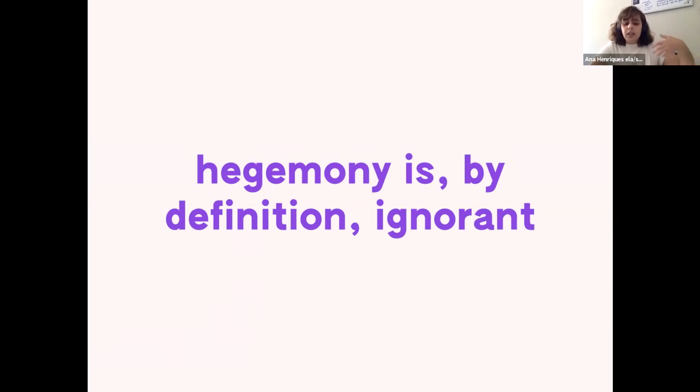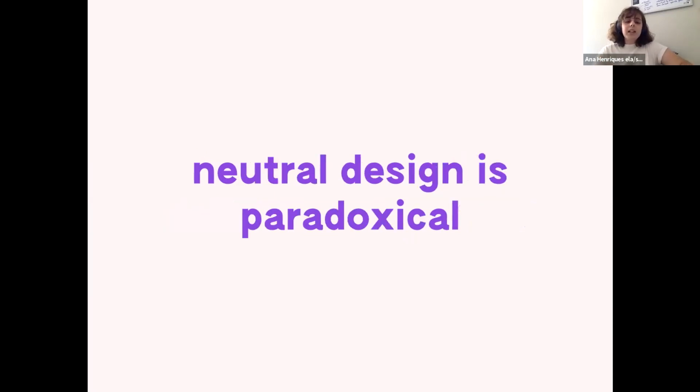It's blind to any alternative knowledge to what we think is known and hold as legitimate. And even worse, it doesn't know what it doesn't know, because it assumes that what is worthy of being known is already known. So the idea of a neutral design is paradoxical. It cannot exist, and a purportedly neutral approach to design is anything but.